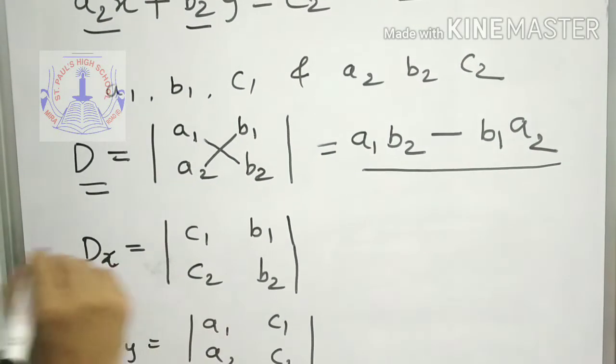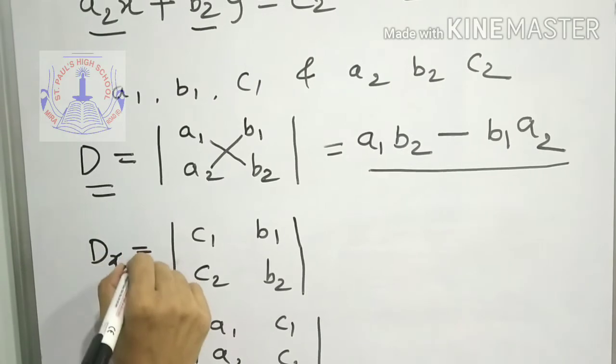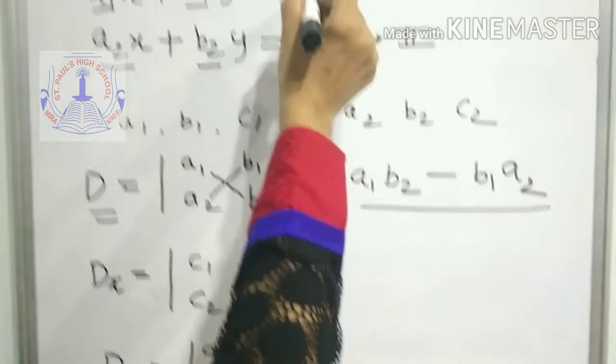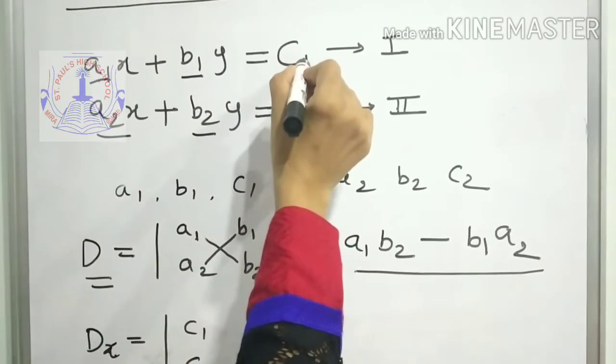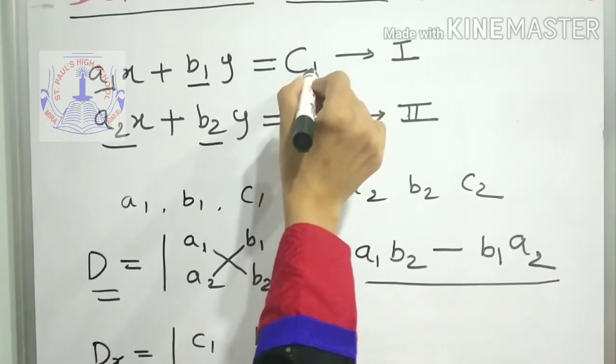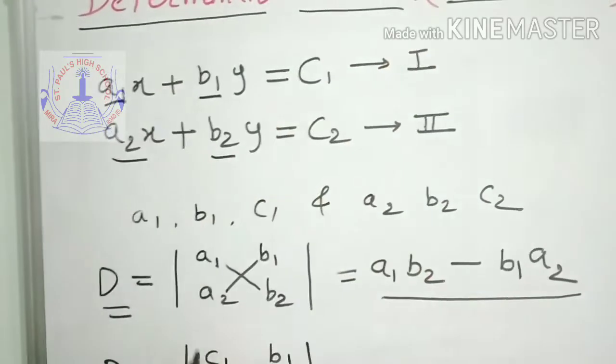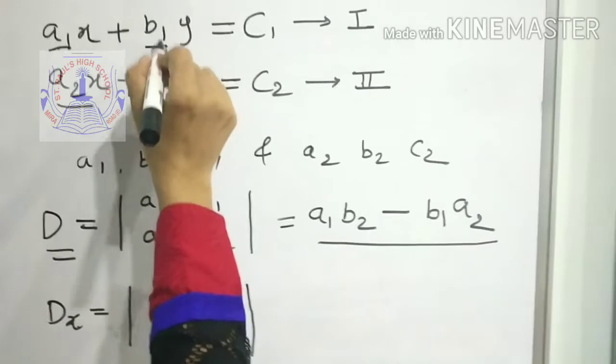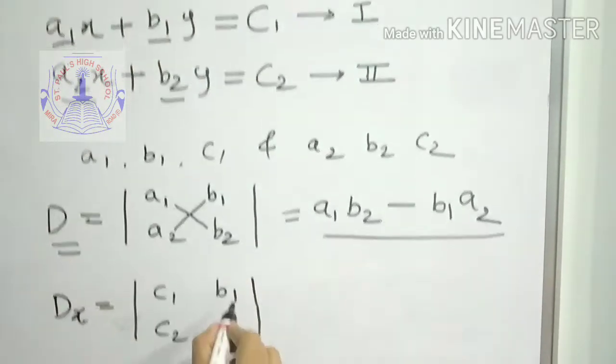Next, dx. You need to find the value of the determinant dx. How to get dx? c1 is the constant of equation 1, that you need to write first. b1 is the coefficient of variable y in the first equation.